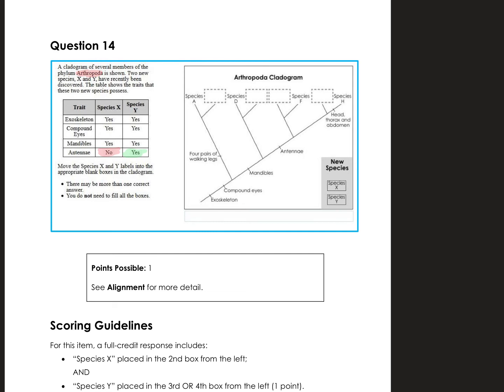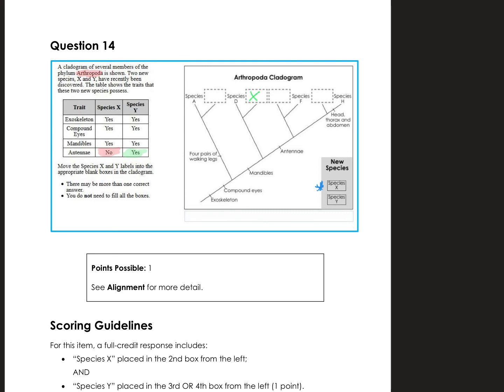So X, which has no antenna, can't be on this side of the cladogram, because anything after this has antenna, just like anything after these three has it. So you can't put X over here, you can't put Y over here because they have mandibles. X cannot go past antenna because they don't have antenna. So X has to be here. So you can place your X here for sure.